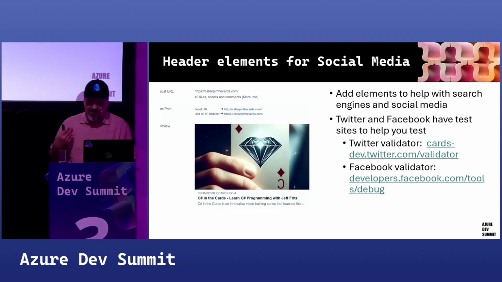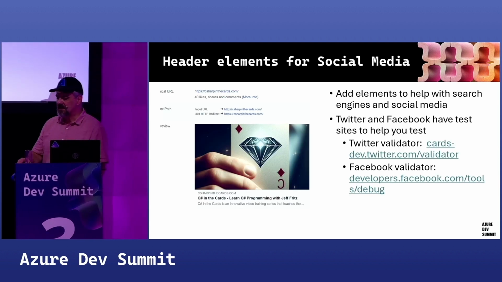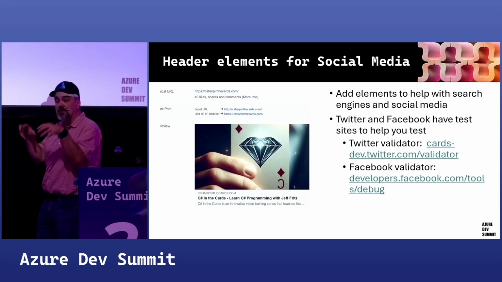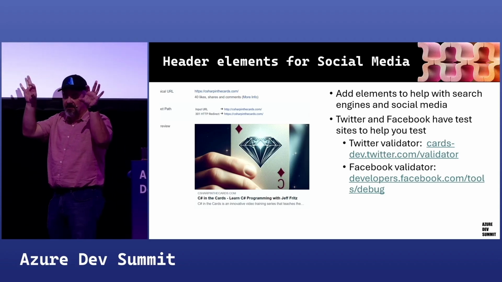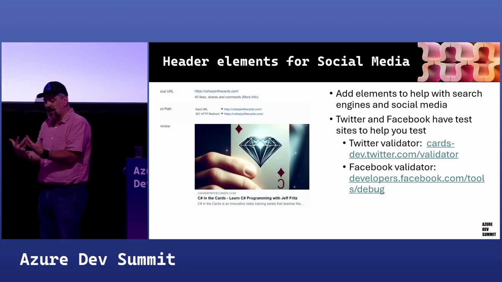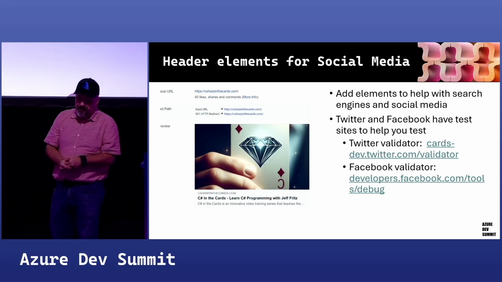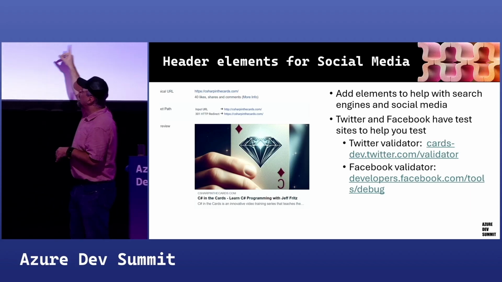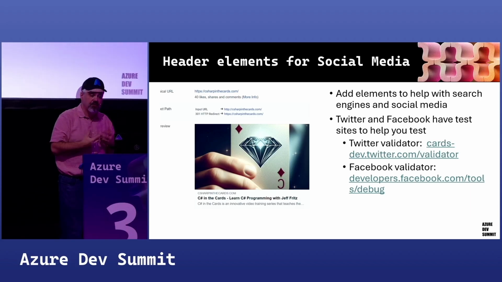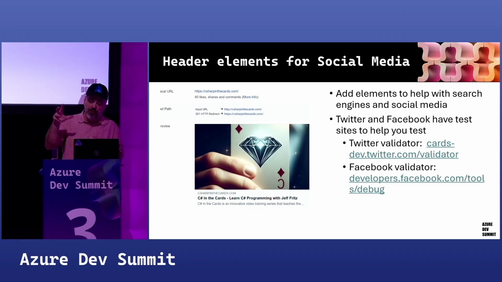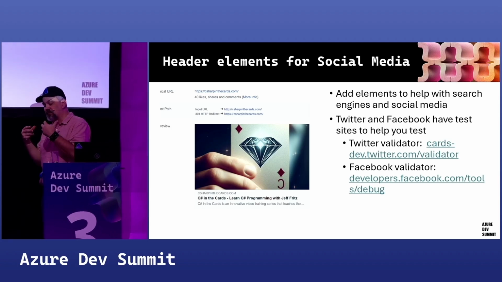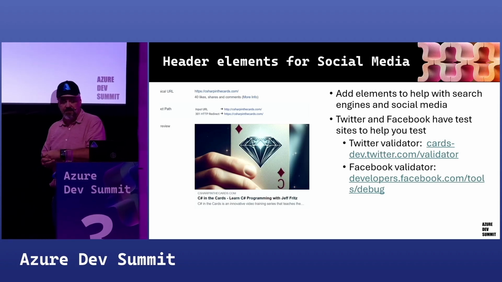So there's a bunch of header elements that you should put into the head of your HTML that will help to present the content for your website. Twitter and Facebook both have test sites that you can go to validate your application and how it is presented on those sites.